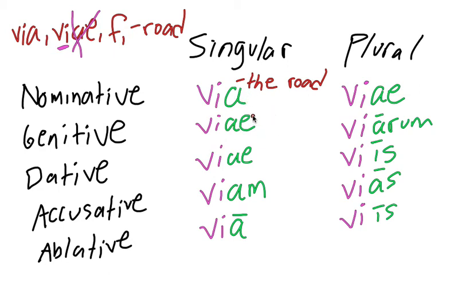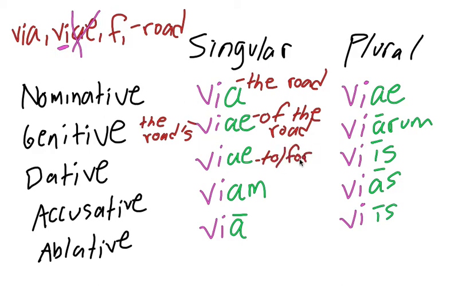Genitive generally means of, so we would say of the road, although we can use an apostrophe for the genitive, so I'll write another translation out here to the side: the road's. Dative means to or for, so the dative would be to or for the road. Accusative has the same translation as the nominative. We use it for what's called the direct object, but the translation doesn't change. So accusative would just be the road.